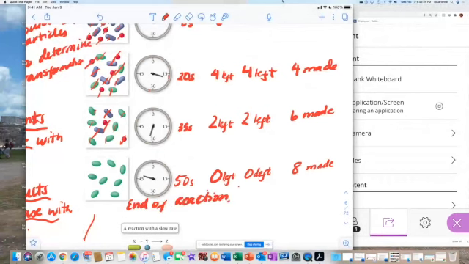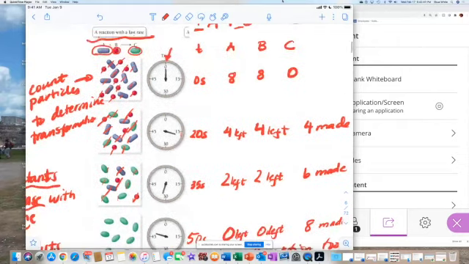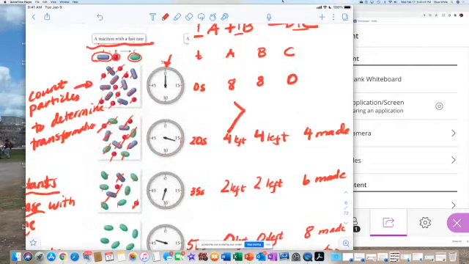And if you were asked this, you say the reaction took 50 seconds to reach completion, right? And based on the reaction, of course, you can say from here to here, 4 amounts of each reactant reacted, right?